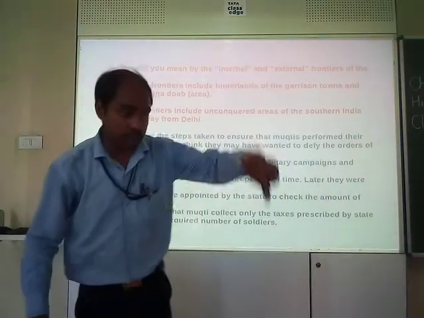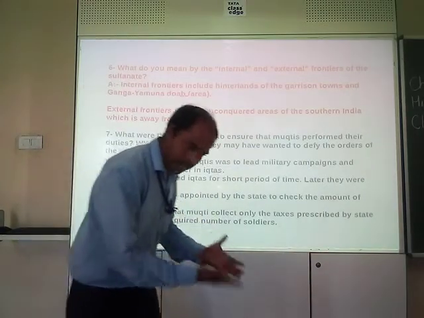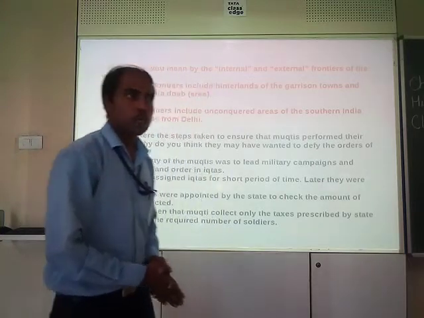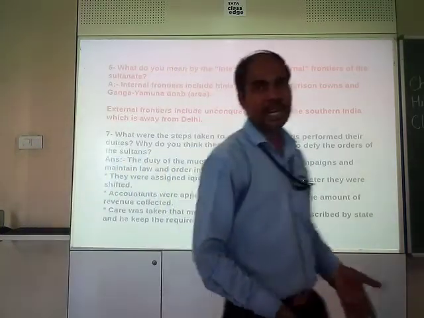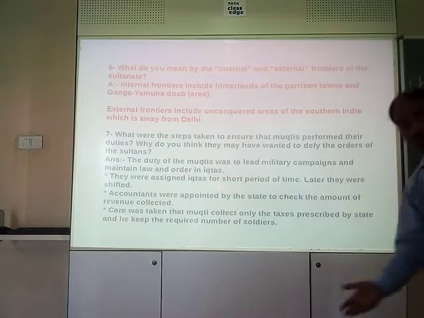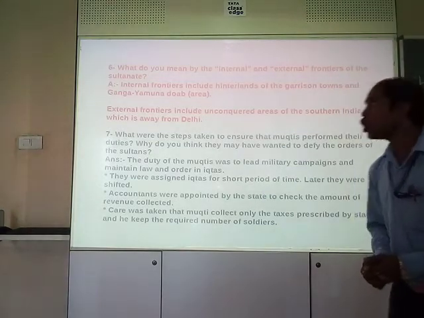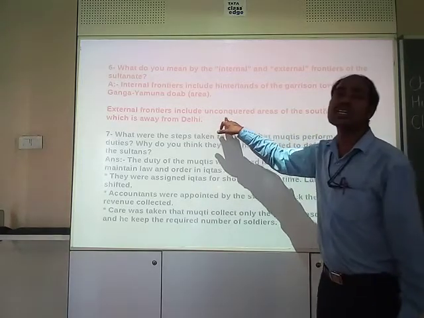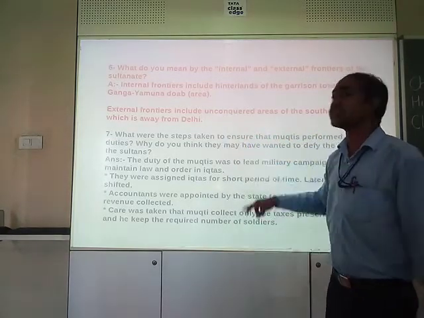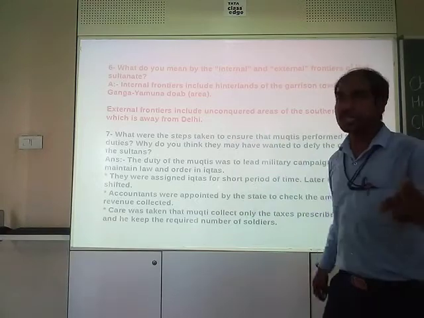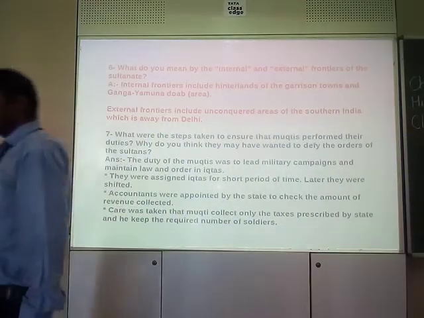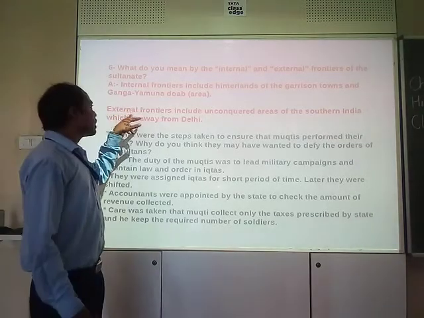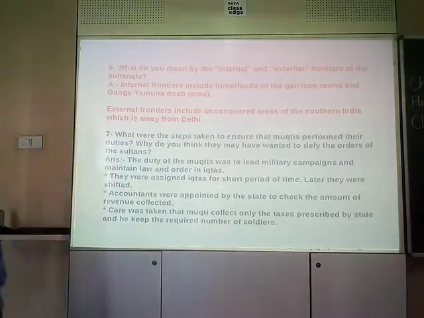If I talk about the southern part of India, where Maharashtra is, your Karnataka, your Tamil Nadu, all those areas of the southern part which were not conquered by the kings, which were away from Delhi, are considered as external frontiers.